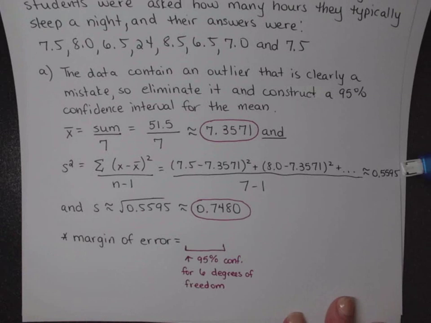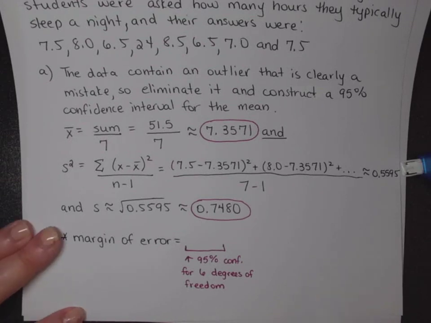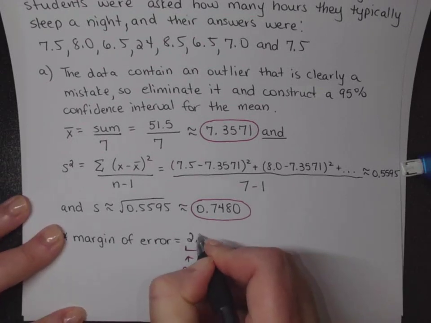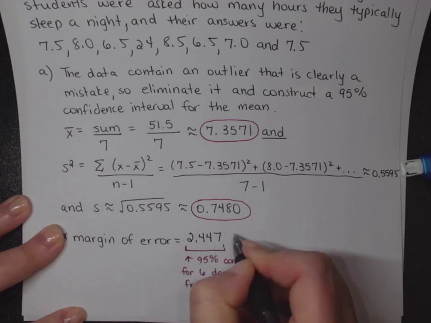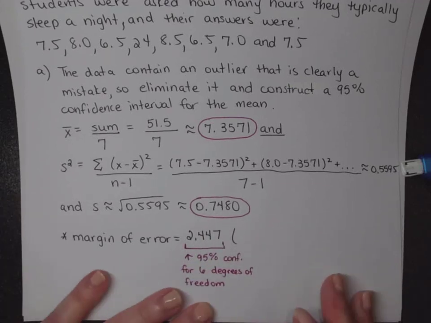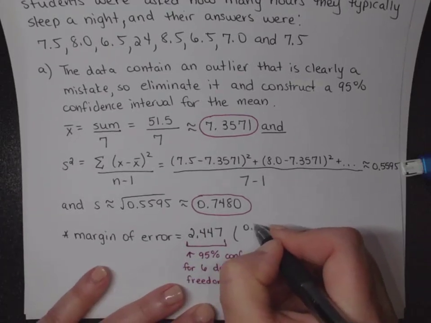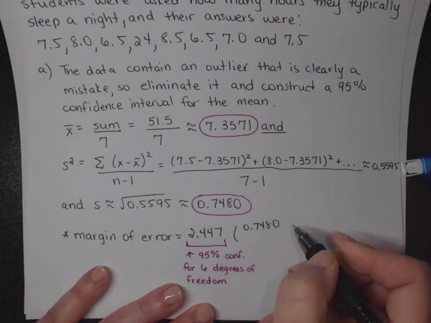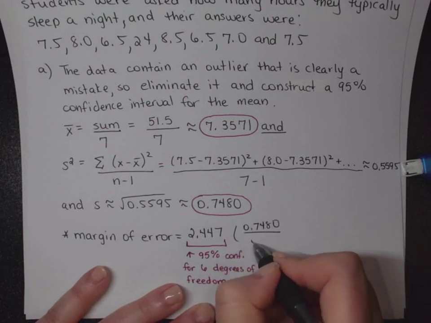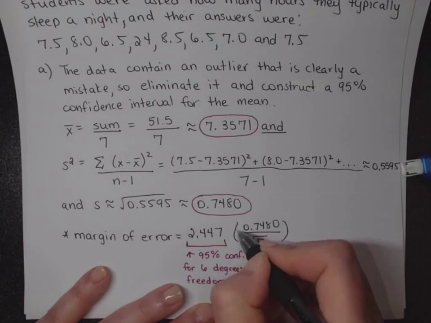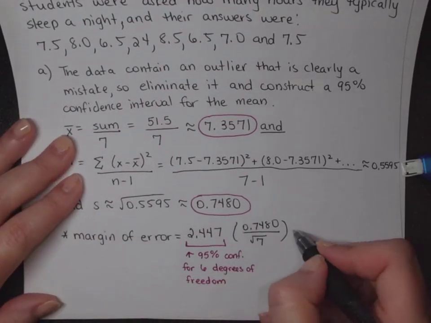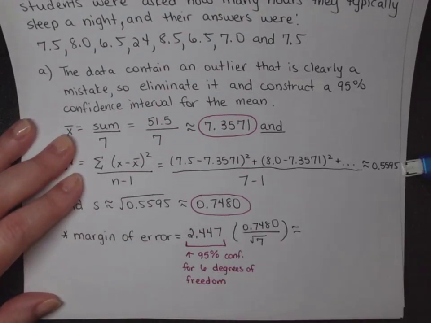So if you look at your chart and figure out where 95 and 6 degrees of freedom coincide with each other, it looks like 2.447. So that's what goes here. And then we're going to multiply that times the standard deviation we just got, and then over the square root of 7, since our n is 7. So if you work all of that out, let me punch that in.